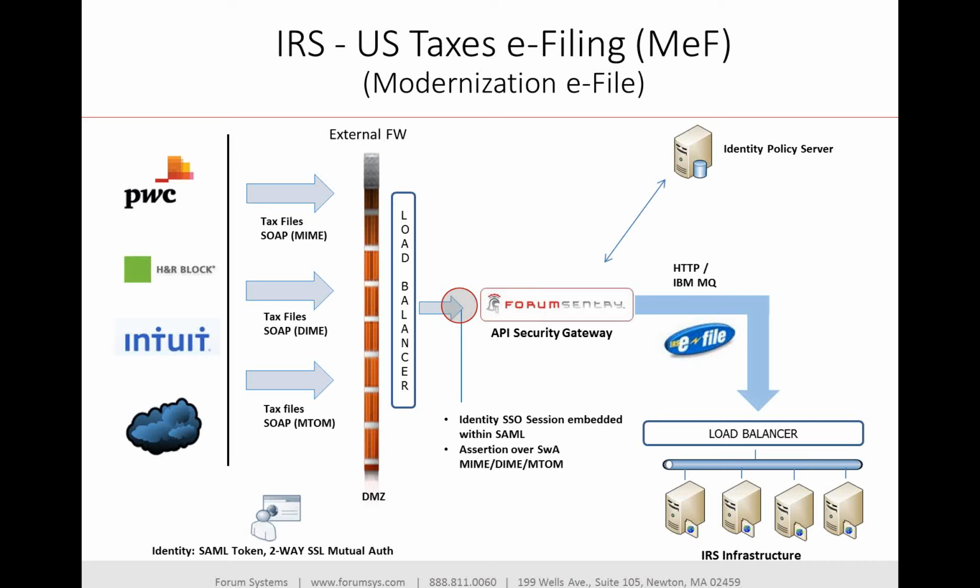Leveraging the technology to do the initial authentication, which is in this case a two-way SSL mutual authentication with a layered user identity on top, which then gets you the authentication of the user. Authorization is then based on the content of the message, along with the roles and rights of the user from a role perspective from the policy server's response.